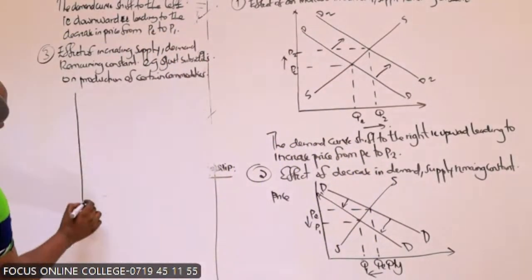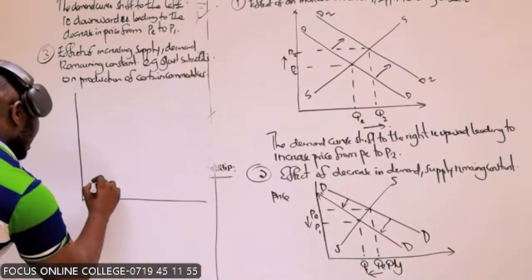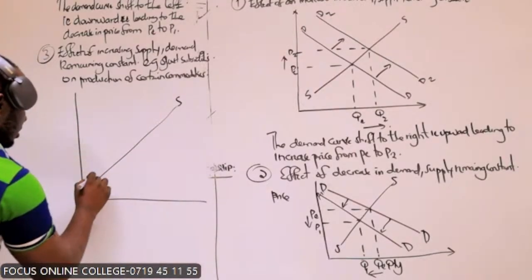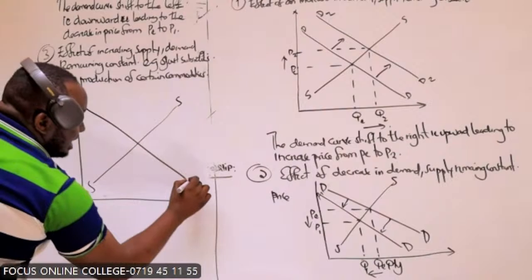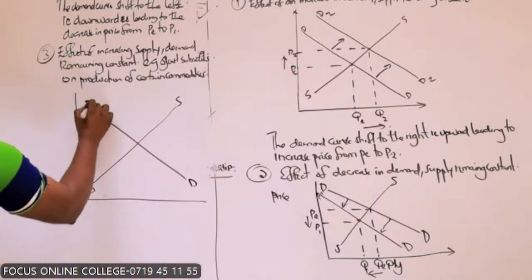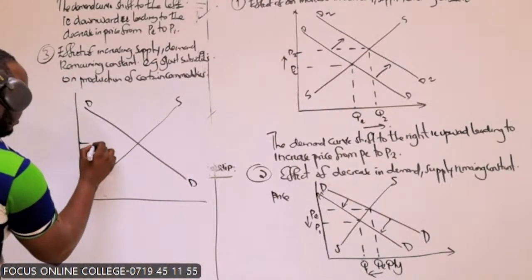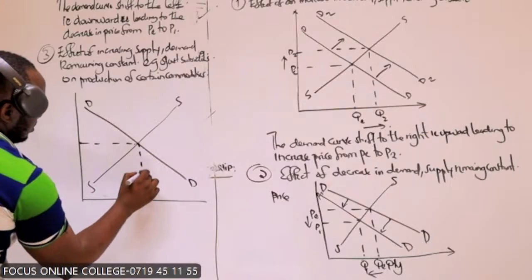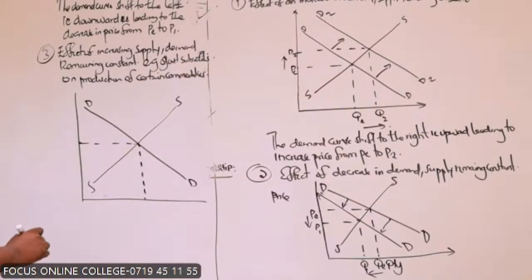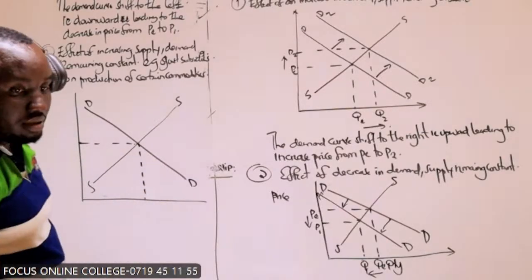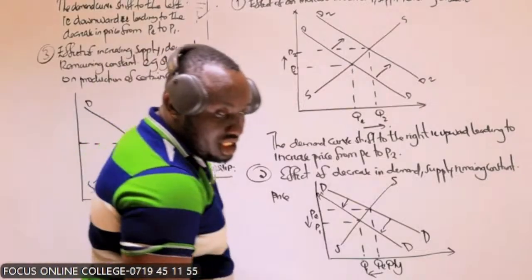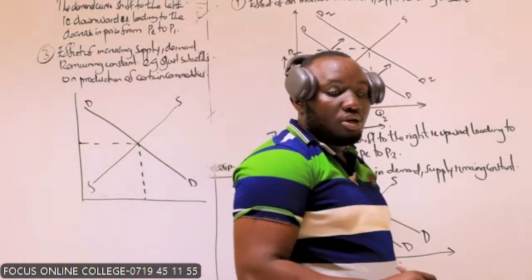So this is a supply curve. This demand curve remains constant. If you look at the question, I can give you these questions at my fingertips, August 2024 or December 2024.